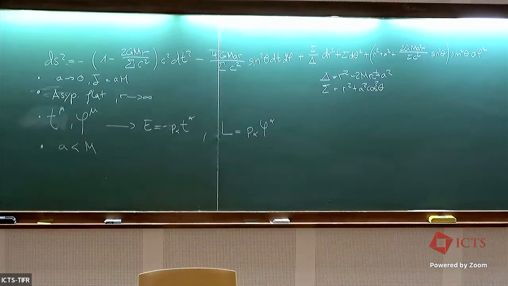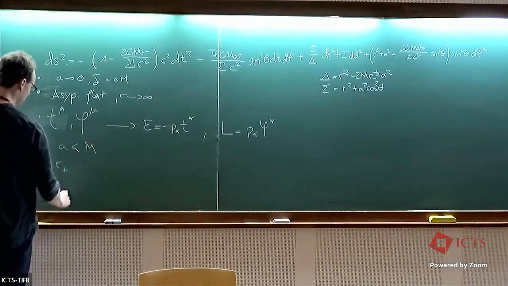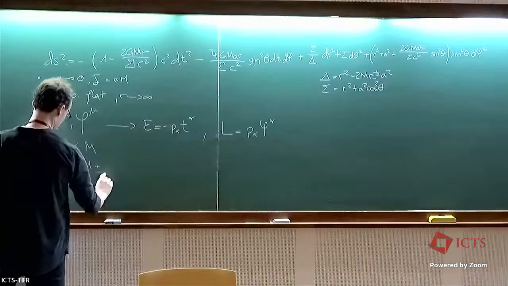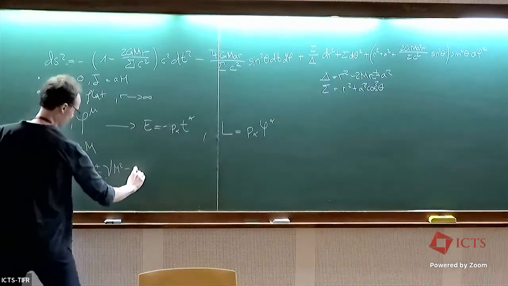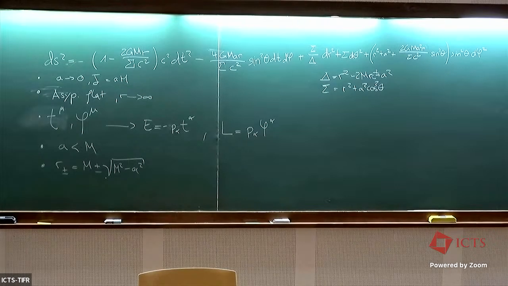Basically, we're not interested in any of the mathematics that has to do with a greater than M. Then the last thing I want to write down is that there are two horizons, but really one that is very important. r plus is the outer horizon, r minus is the inner horizon. Mostly we're going to be interested in r plus because everything that happens inside we don't really care about here.